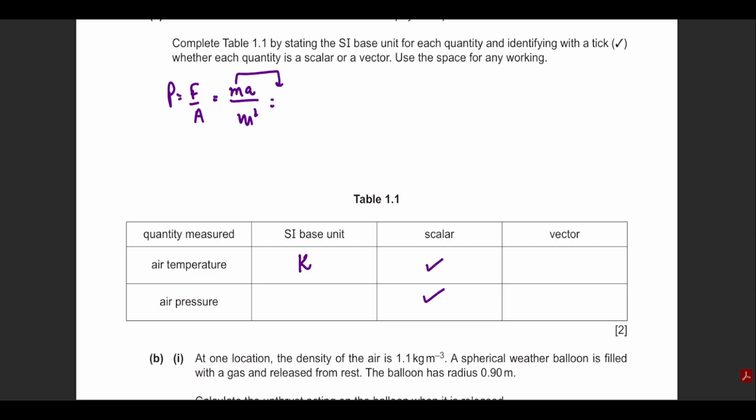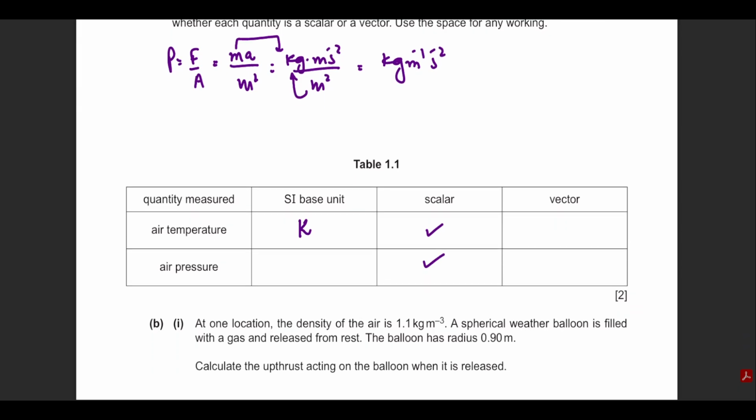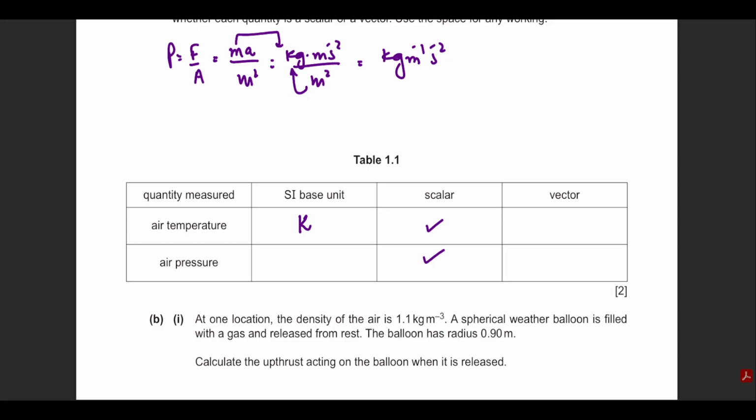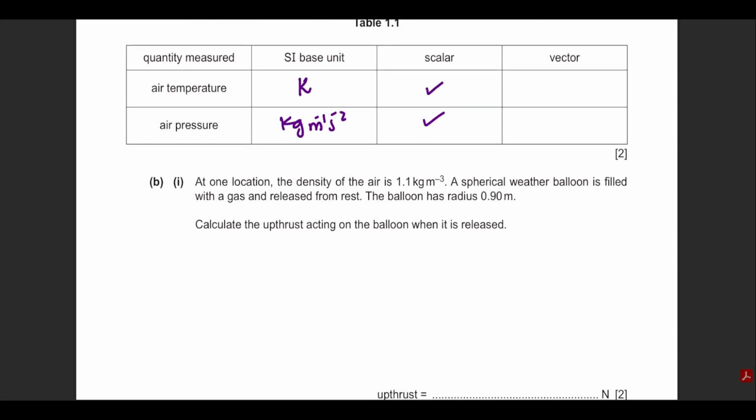This is mass, so this will be kg·m s^-2 divided by m^2. When this goes to the numerator, this becomes kg m^-1 s^-2. So the base units of pressure will be kg m^-1 s^-2.